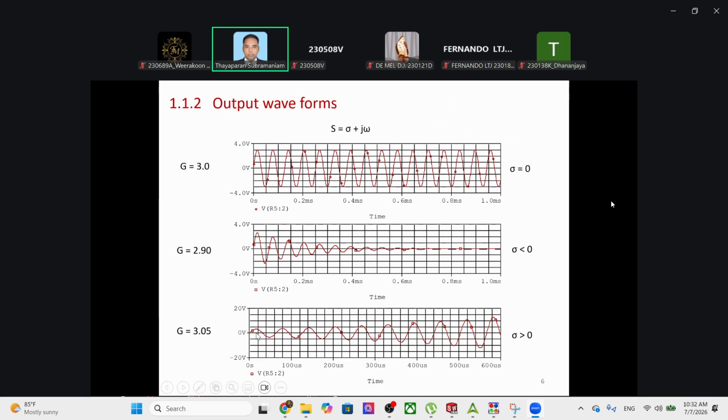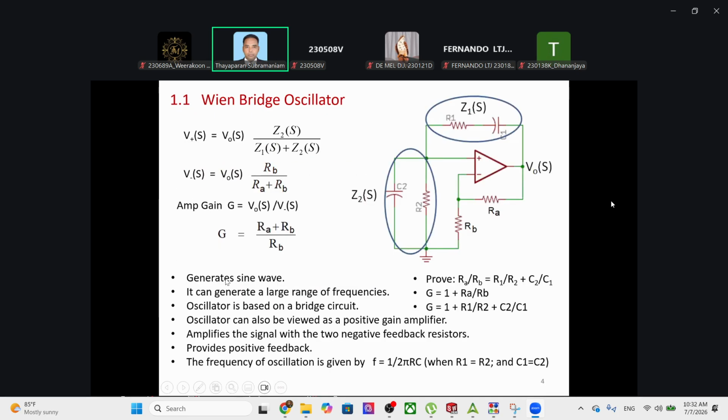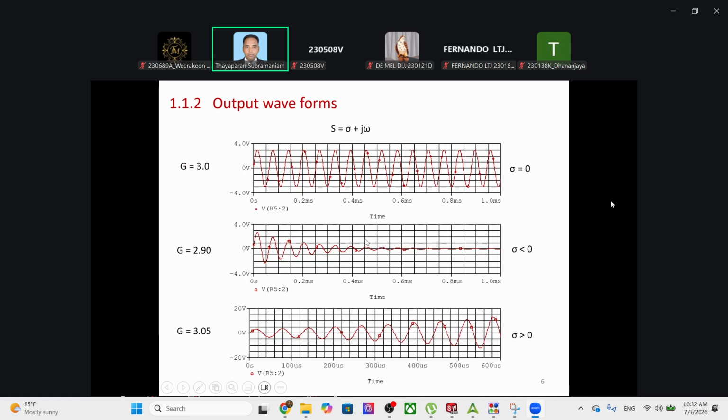So when A beta is greater than 1, 1/3 is coming because of this RA over RB equal to 1, and it becomes 2. So gain becomes 3. So that's why A beta becomes 1, gain is 3, so beta becomes 1 over 3. Now, if gain is exactly 3, then we have oscillations.